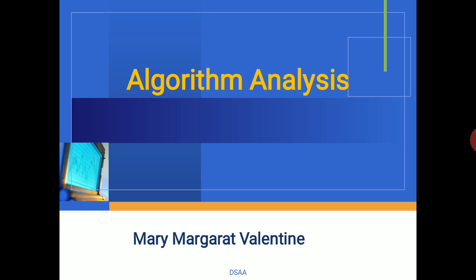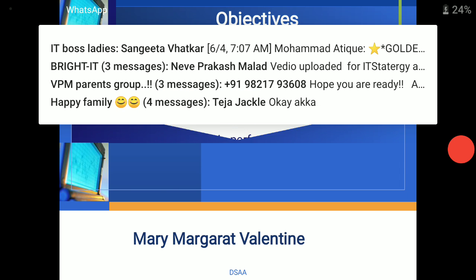We need to discuss all these things and compare them, so that only then can we come up with the best algorithm. So not only writing the algorithm, we need to calculate the performance of that particular algorithm. That is what we are going to discuss in today's lecture. Let's discuss.